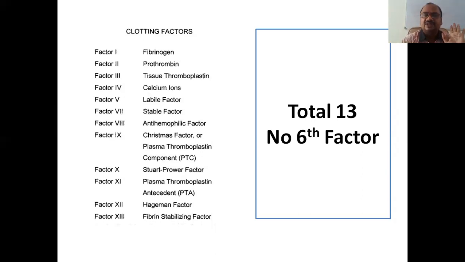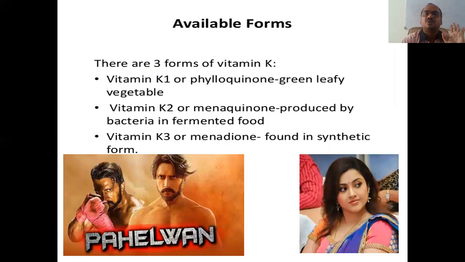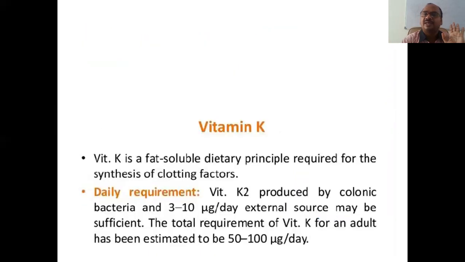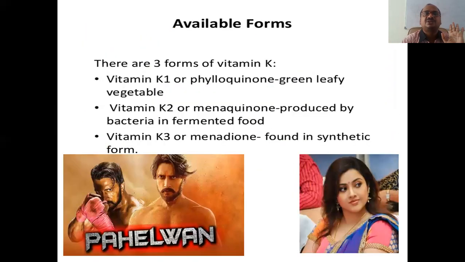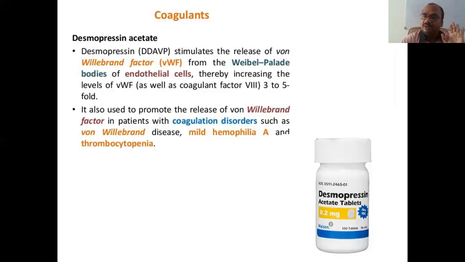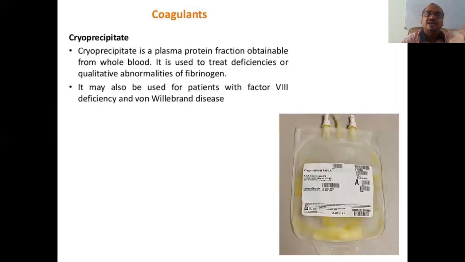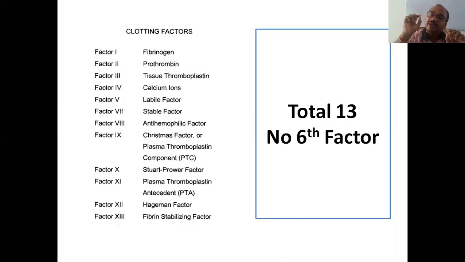Only the slides I have shown, this is more than enough. Vitamin K sources, available forms and synonyms, and coagulants desmopressin and cryoprecipitate, that's completed. Now we will see the mechanism of blood clotting.